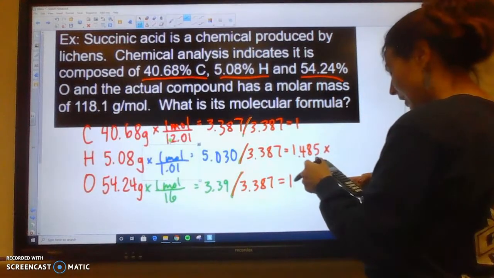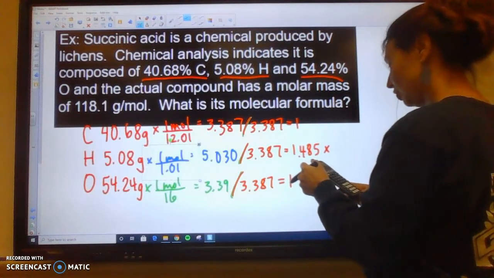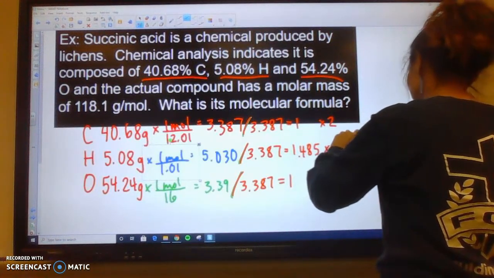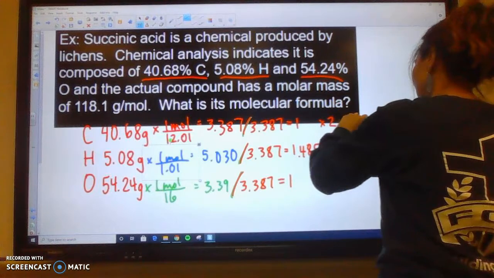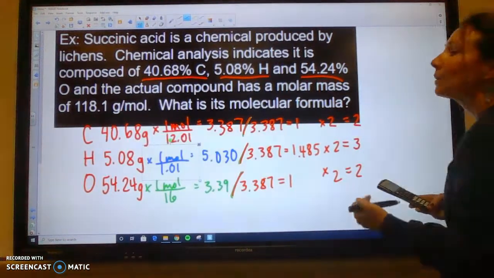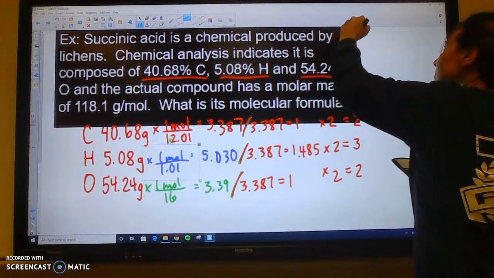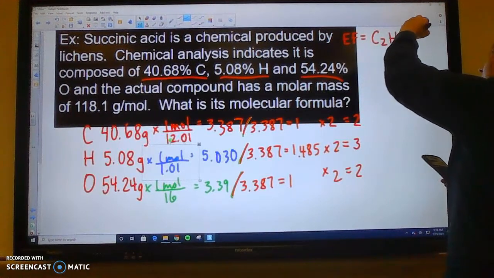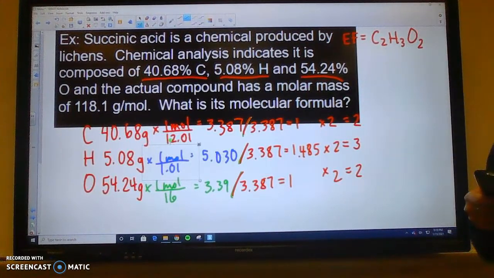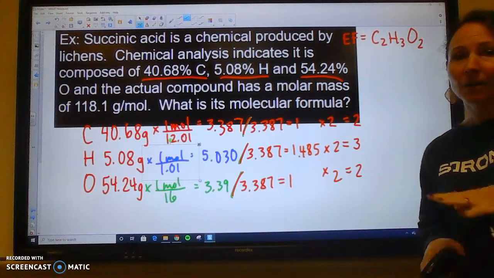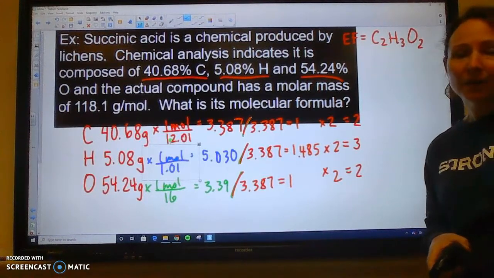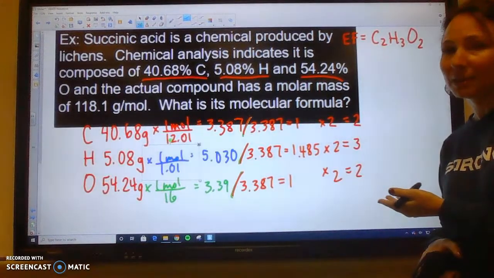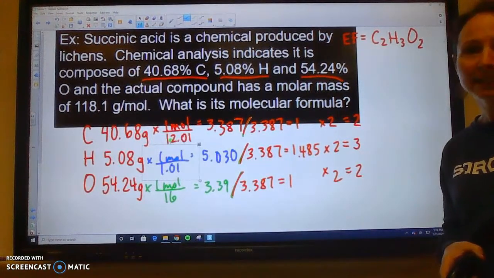In this case, times 2, and that will work. So we're going to multiply everything times 2. This gives us 3, 2. Okay. So our empirical formula is going to be C2H3O2. Now, if you need to, I want you to pause this video, copy this down, or better yet, you paused it after you copied and you worked it out on your own and then compared it with this answer. Okay? But now we're going to do the next step.